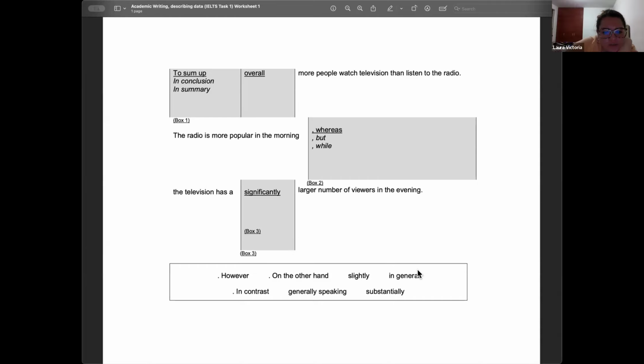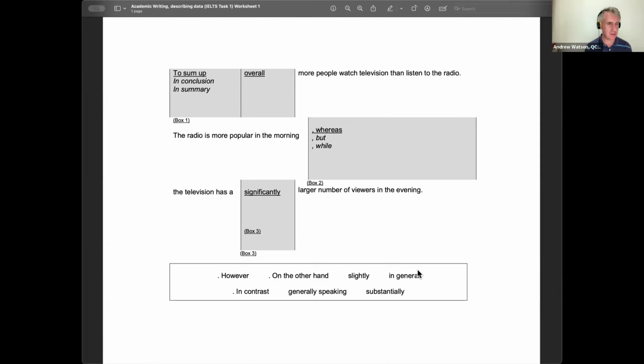The word substantially, that's hard to pronounce. That can be in box 3, I guess. Yes, that's right. Instead of significantly. Slightly too, in box number 3.